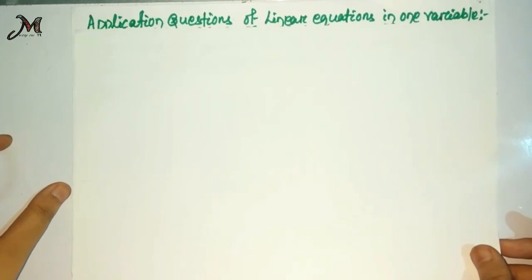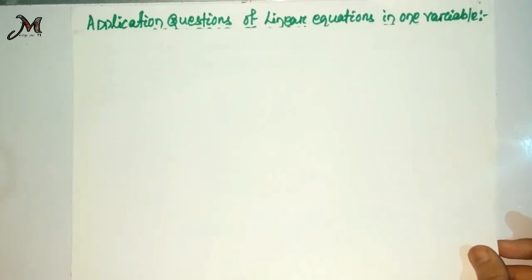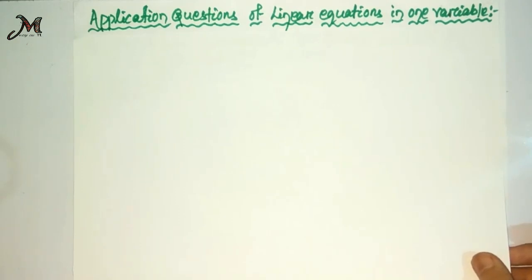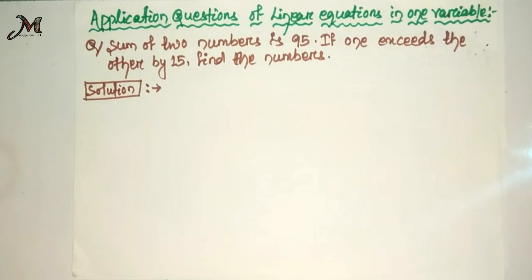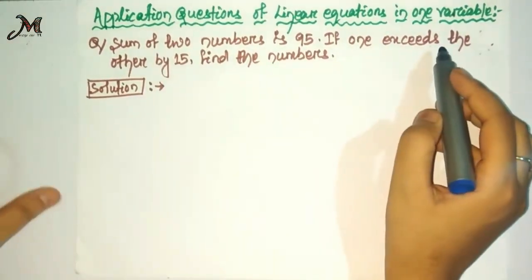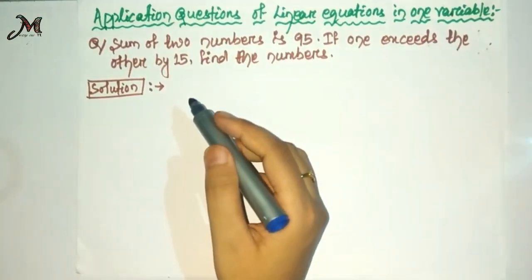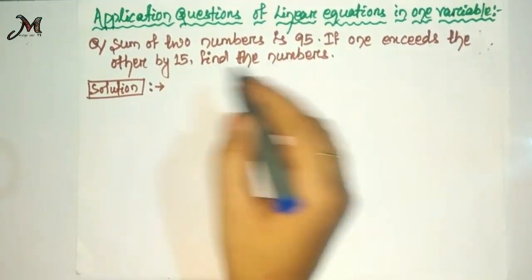Okay students, now we'll solve some application questions of linear equations in one variable. Okay, so let's take an example. The sum of two numbers is 95. If one exceeds the other by 15, then we have to find the given numbers.